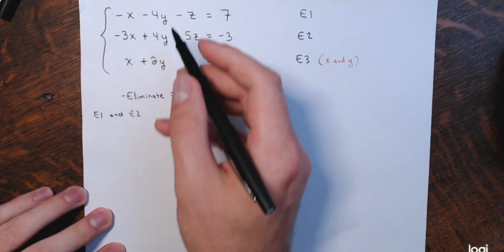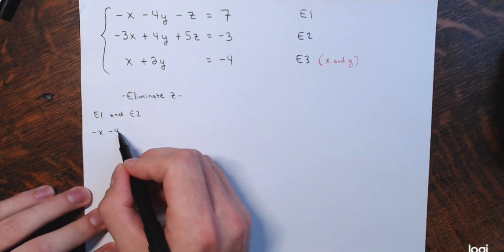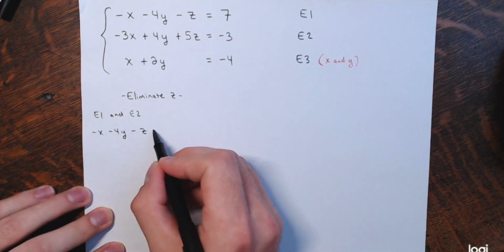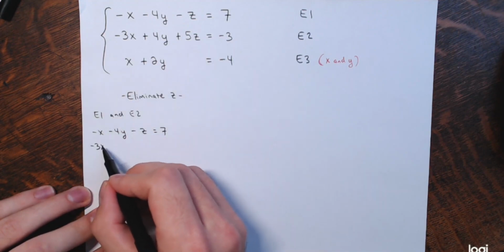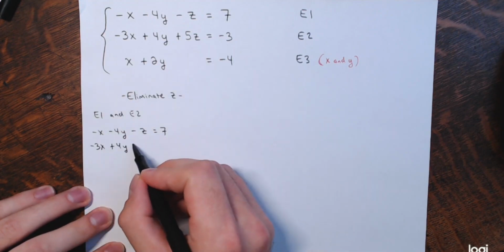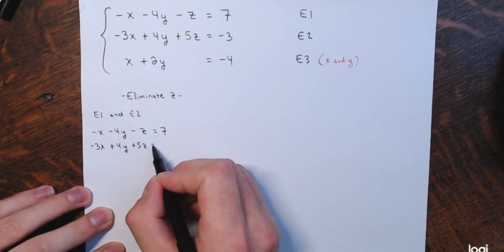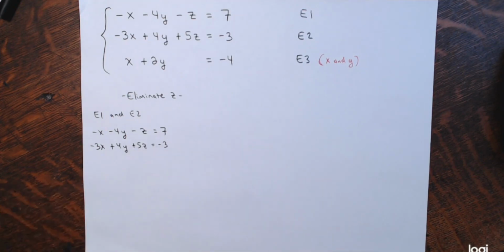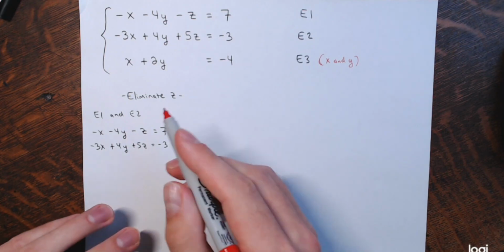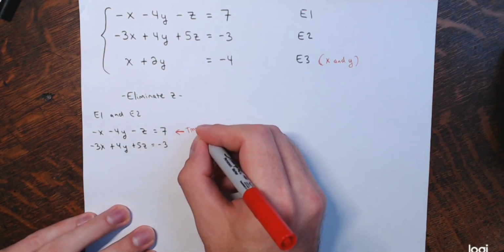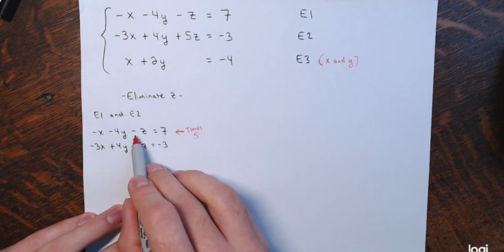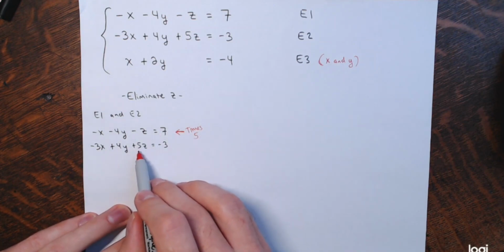Alright, so equation 1, you got negative x minus 4y minus z equals 7. Equation 2, negative 3x plus 4y, and then plus 5z equals negative 3. And to eliminate the z's, it's pretty simple. I would just multiply the top equation, both sides, every term, by 5. That'll give me negative 5z, and then there's positive 5z, right?